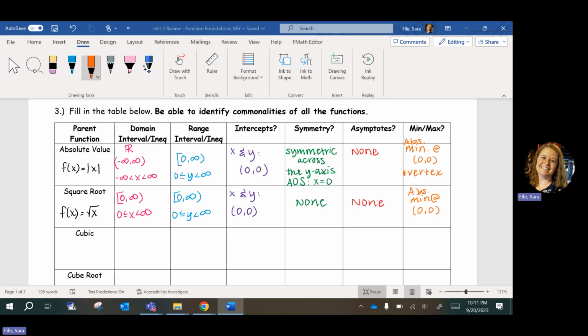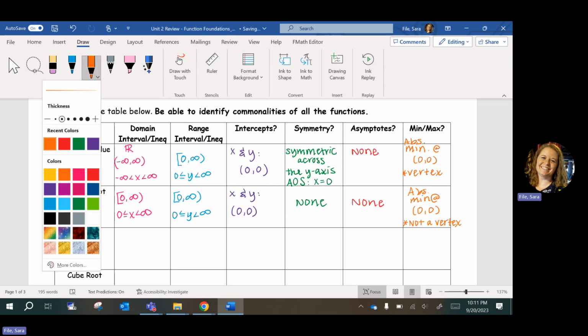It's just an end point of the graph. It doesn't change direction there. So for absolute value, that was a vertex. For this one, it is not a vertex. So you don't have to write that, or you can add a note to yourself and put not a vertex if you need that reminder.